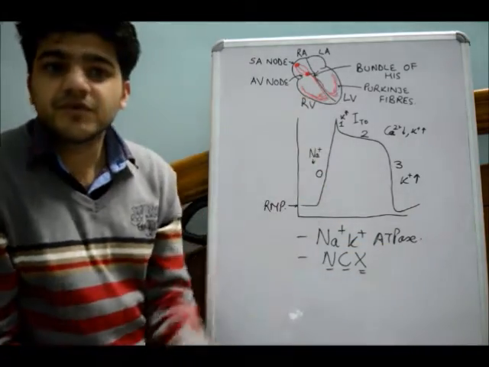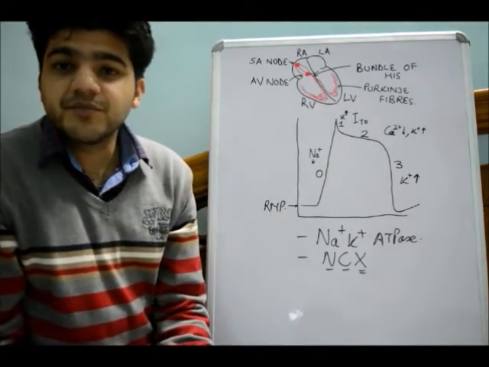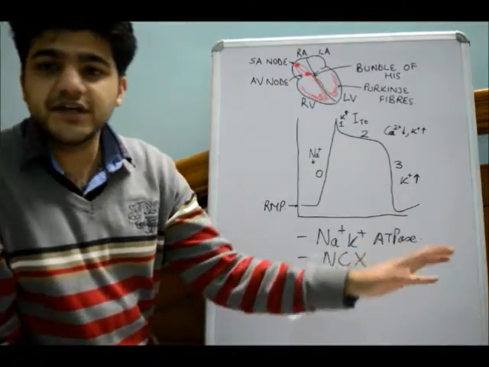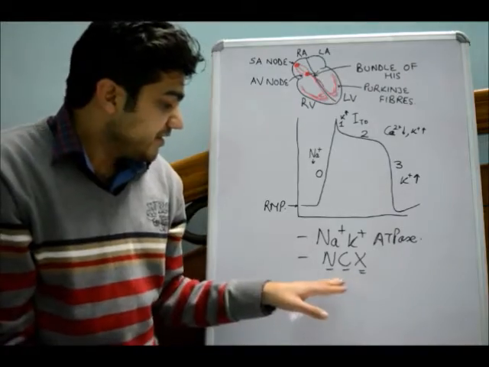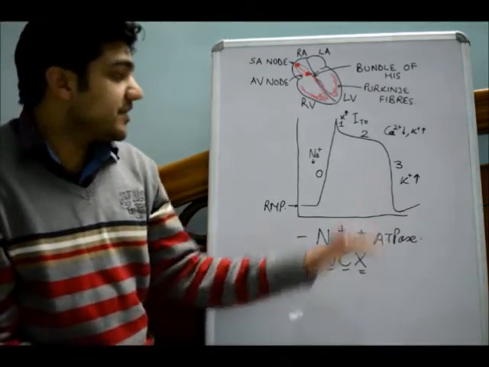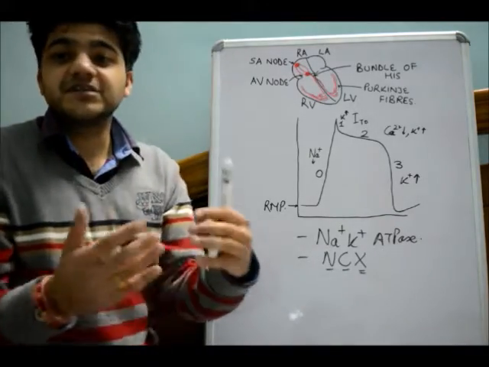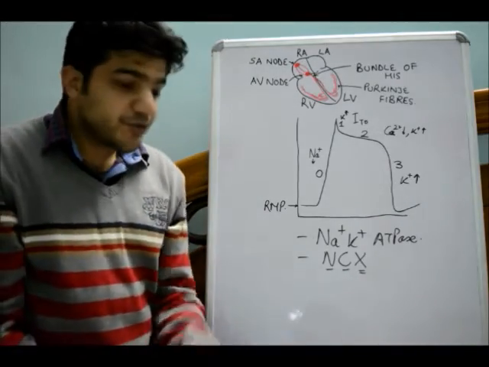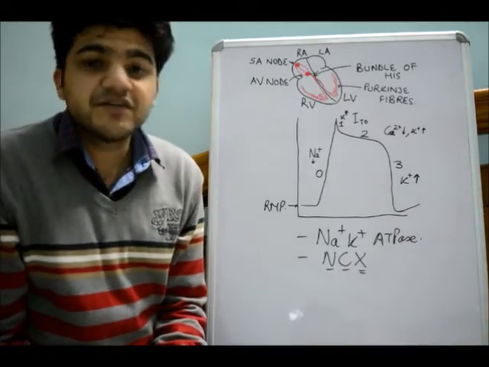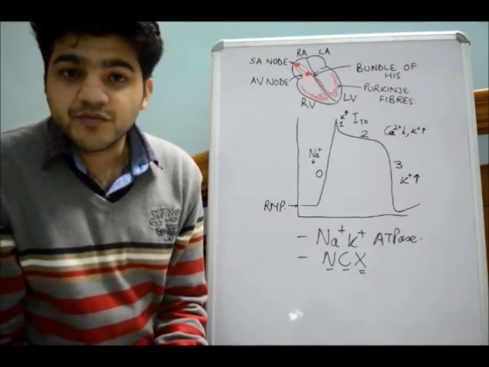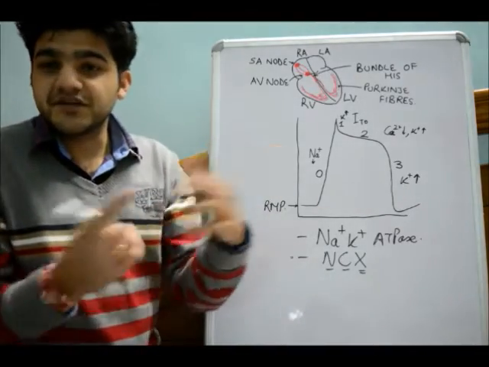It will simply push sodium out and bring potassium in. Electrogenic. So that is one thing. This NCX is very important with regards to the cardiac cell. This is the sodium calcium exchanger. The important thing about this channel is it is a bidirectional pump, so it can work in both directions.